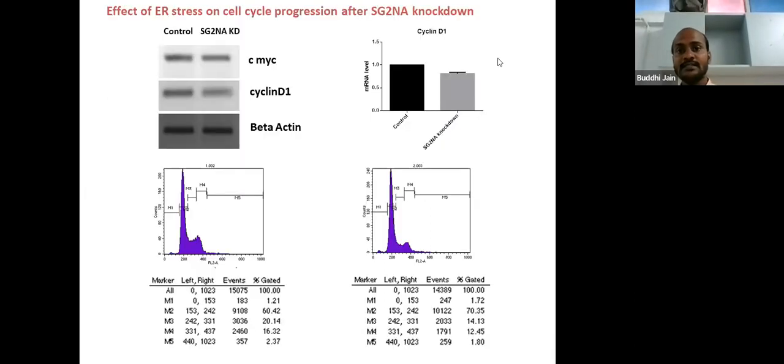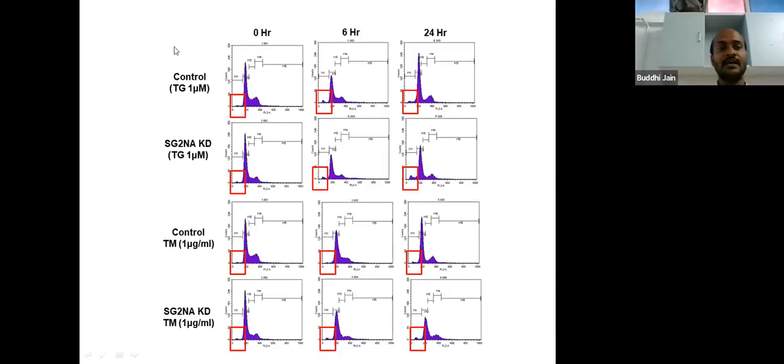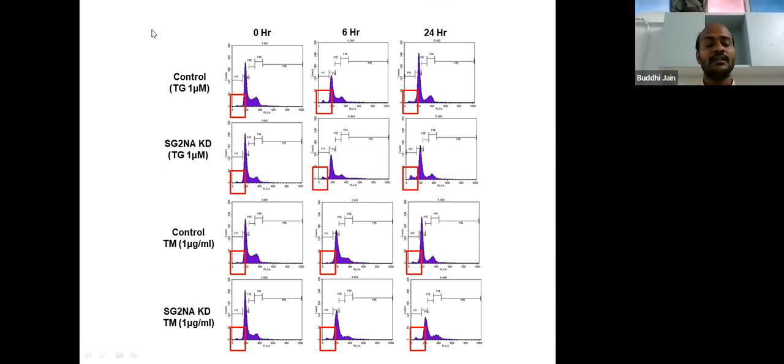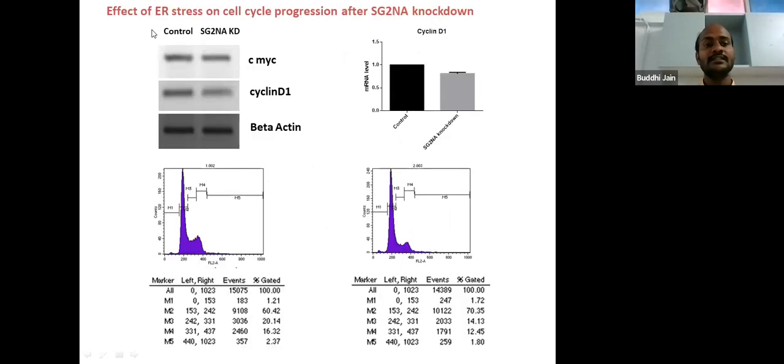The last experiment: we wanted to check whether there are changes in cell cycle progression after SG2NA knockdown if we treat the cells with ER stressors.